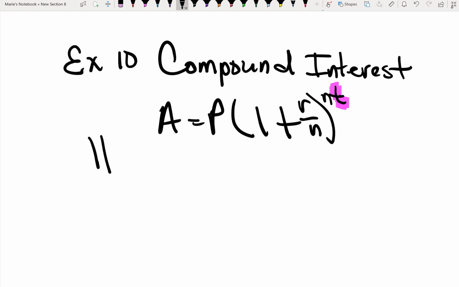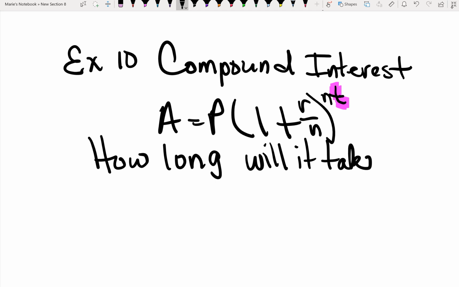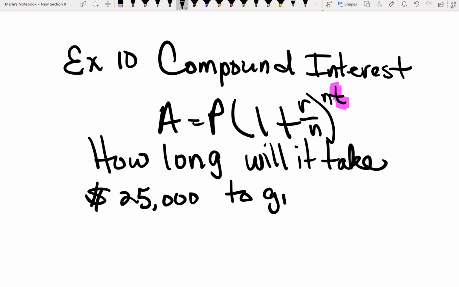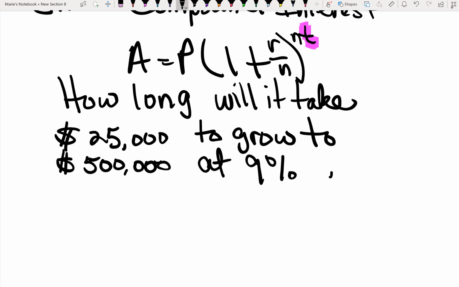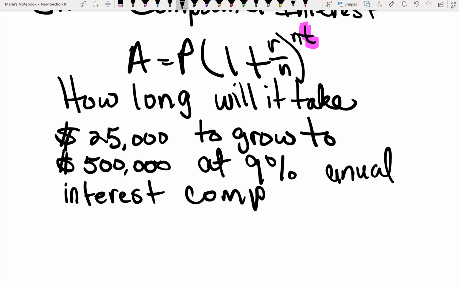How long, so this is your question, how long will it take $25,000 to grow to $500,000 at 9% annual interest compounded monthly.